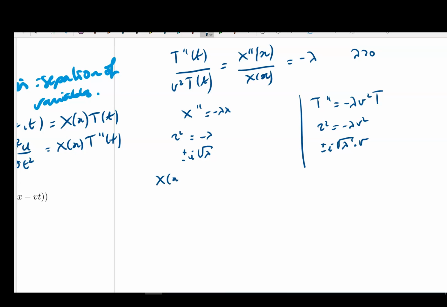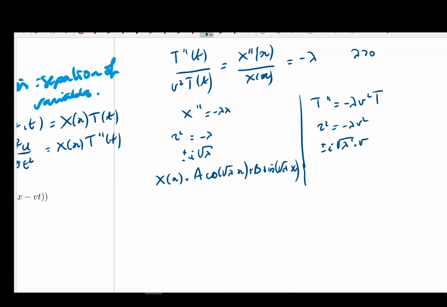Okay, so X of x is going to be some constant times cosine of square root of lambda times x, plus some constant times sine of square root of lambda times x, and same thing for the t part.